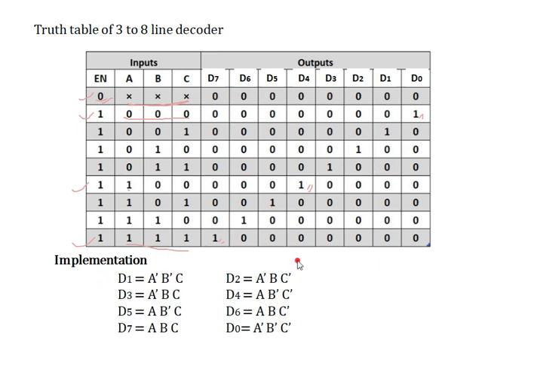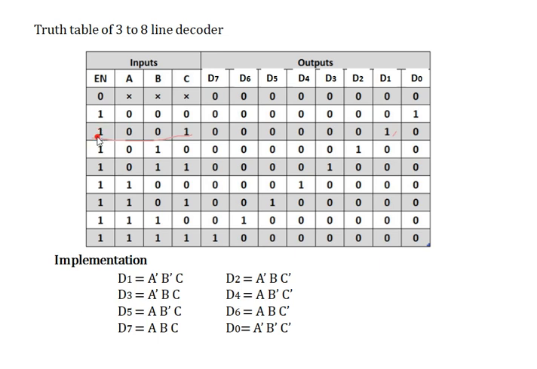Next, implementing Boolean expressions for these output values. First, I am taking D1. Observe D1. D1 is 1 for this condition.